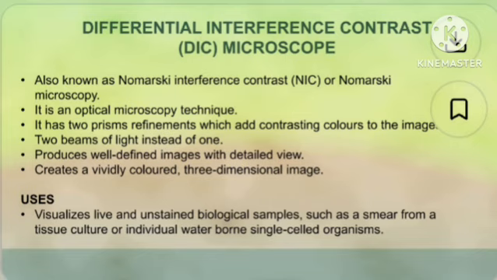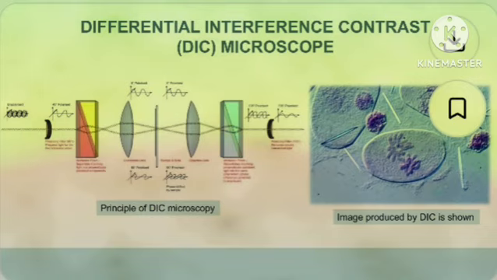It is used to visualize live and unstained biological samples such as smears from tissue cultures and waterborne single-celled organisms. This is the diagram for DIC microscopy. You see the principles of DIC microscopy and the images produced by DIC shown in the figure.